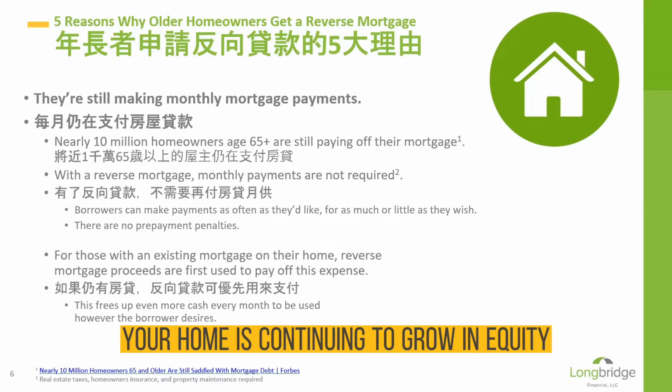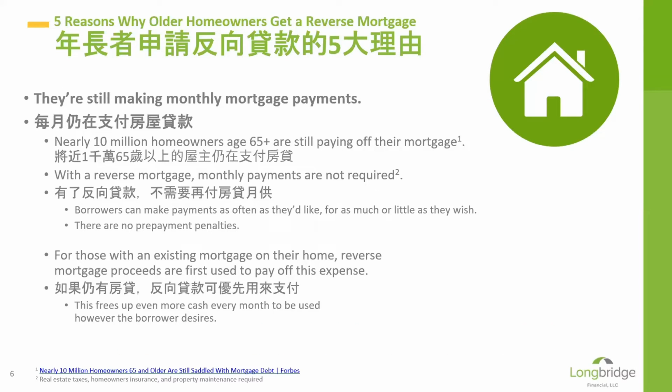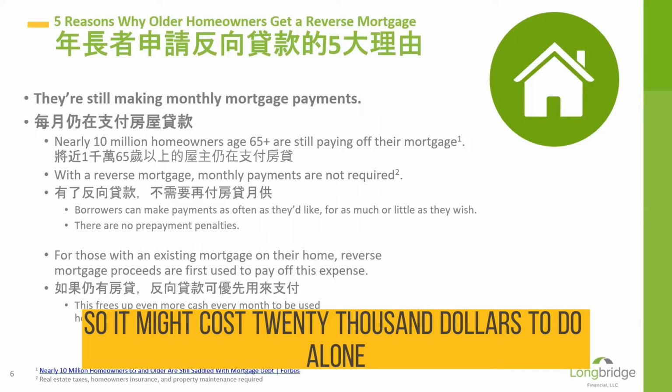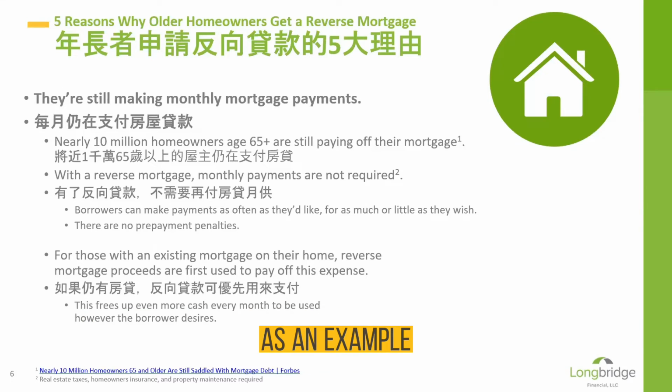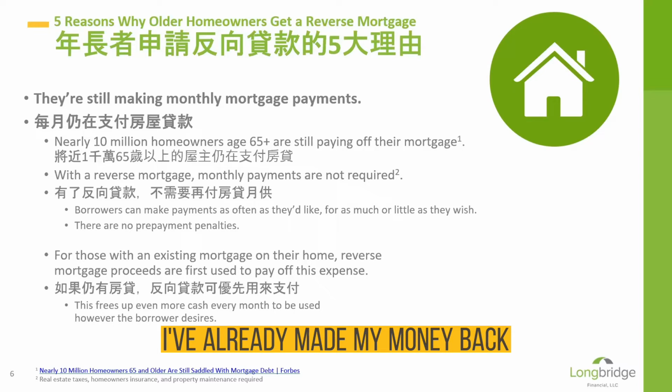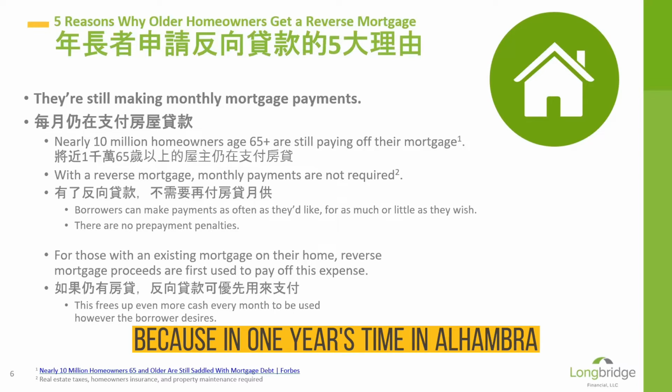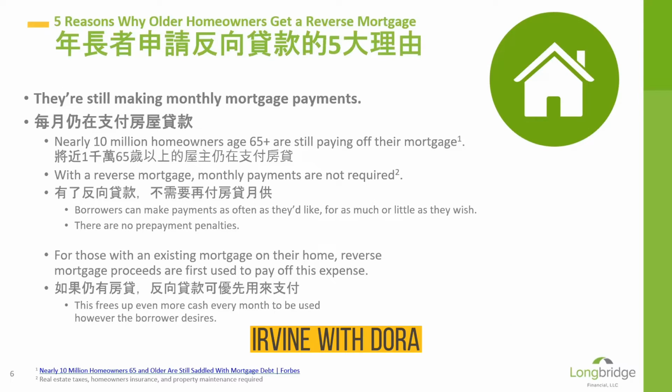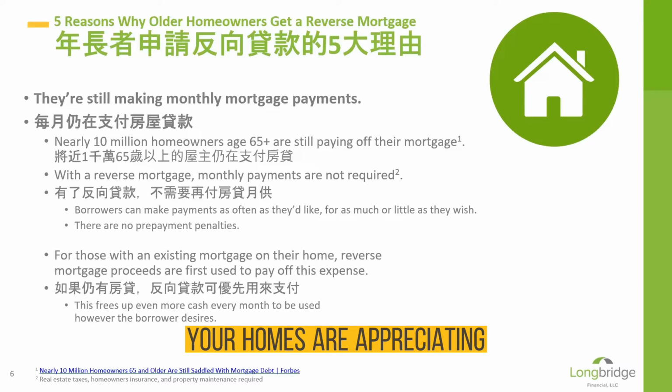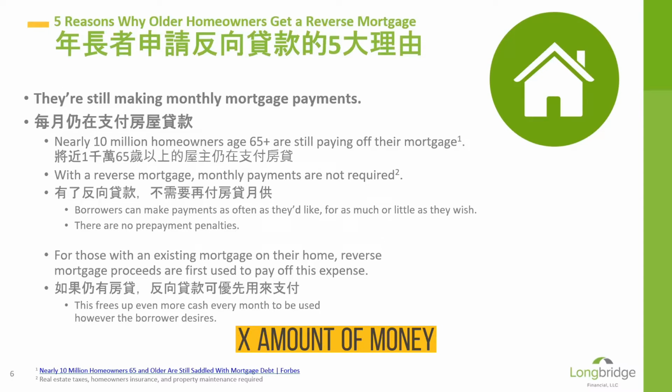Number two, your home is continuing to grow in equity. So it might cost $20,000 to do a loan, as an example, but in one year's time, I've already made my money back, because in one year's time in Alhambra, Irvine, Glendora, San Gabriel Valley, your homes are appreciating X amount of money per month. 2% of what?